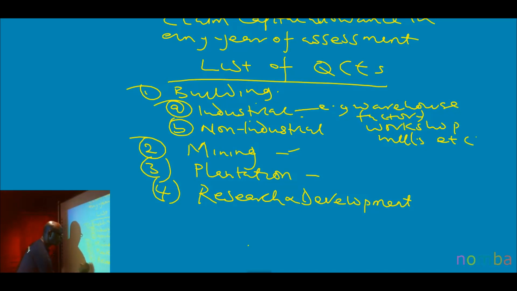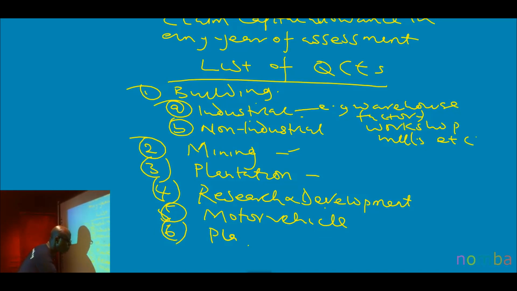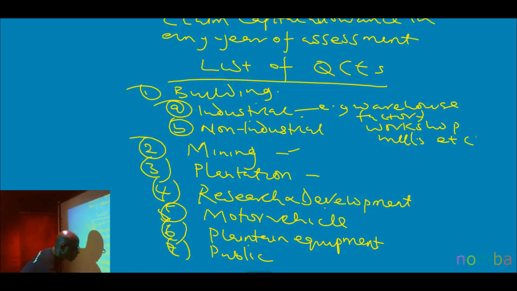Then 5, I have motor vehicles. Motor vehicle is motor vehicle. 6, I have plantation equipment. Okay. Next, 7, public transport. Public transport with at least 3 buses.